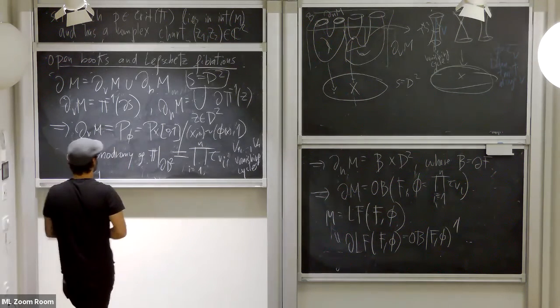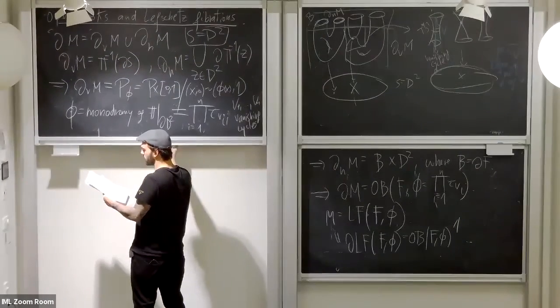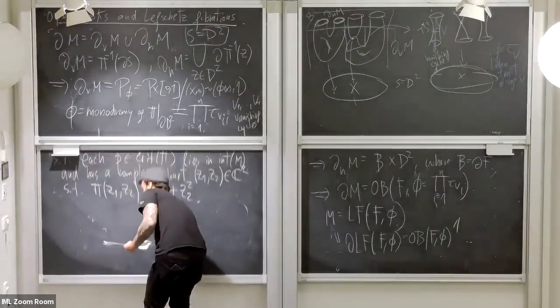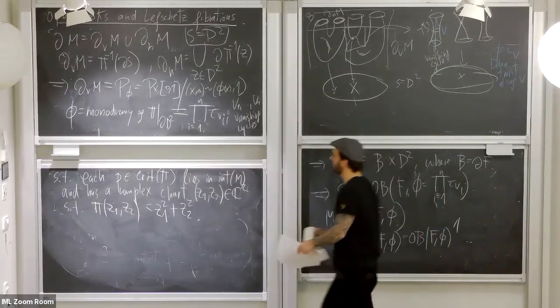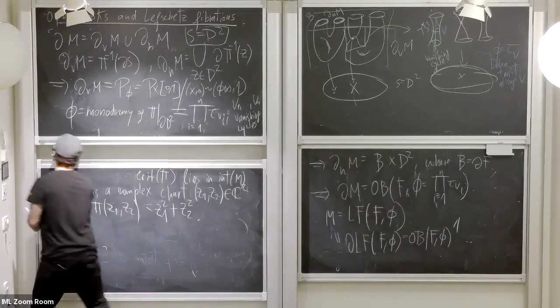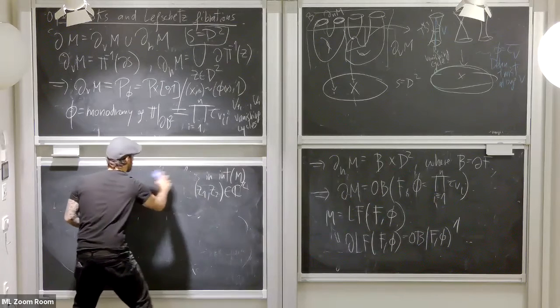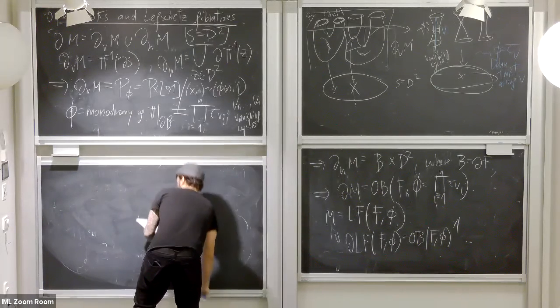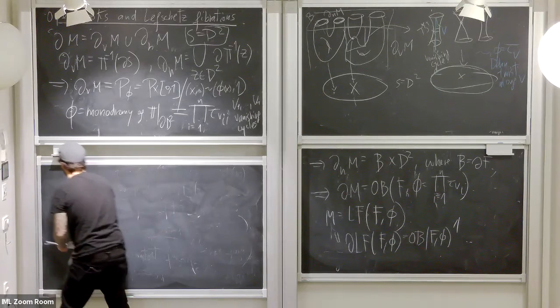Of course, so far this has been a smooth discussion, so this can also be upgraded to the symplectic category. So now I did the smooth version, let me do the symplectic version.